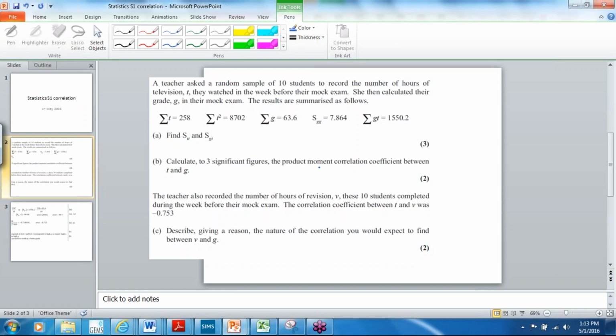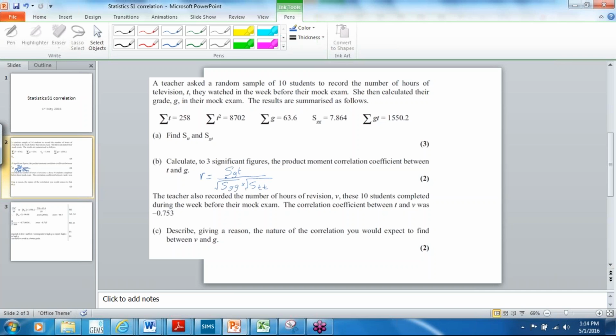But for part B, let's just go to part B. We should know the correlation coefficient, and for part B, we're dealing with T and G. So it will be the covariance of GT divided by the square root of the covariance of GG and the covariance of TT.